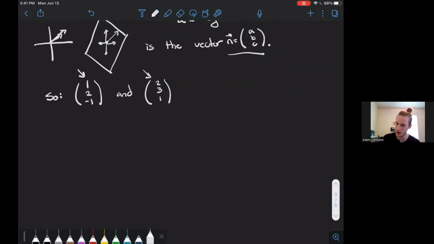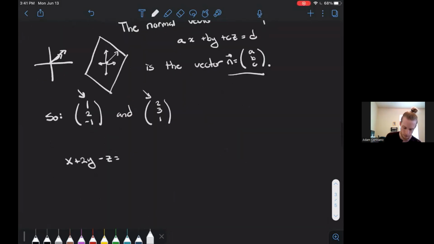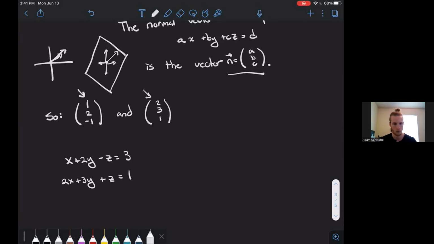We have to write down a system of linear equations, specifically the equations of two planes. It's x plus 2y minus z equals 3, and 2x plus 3y plus z equals 1.